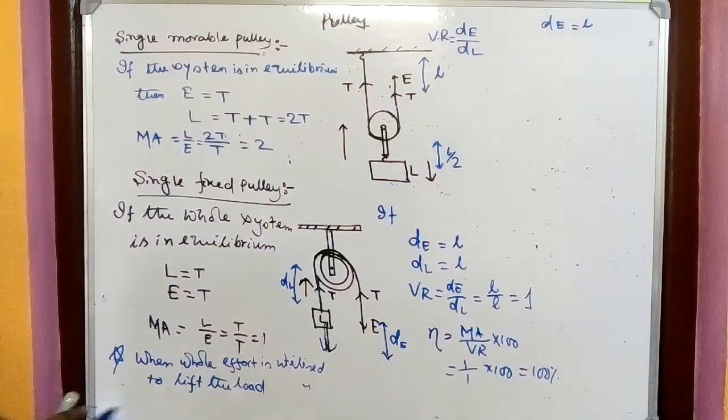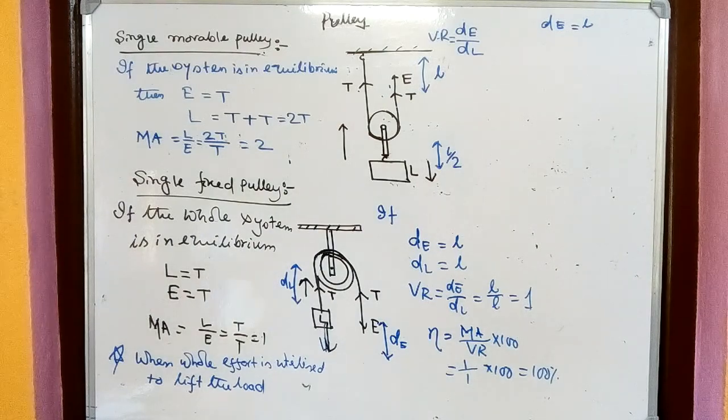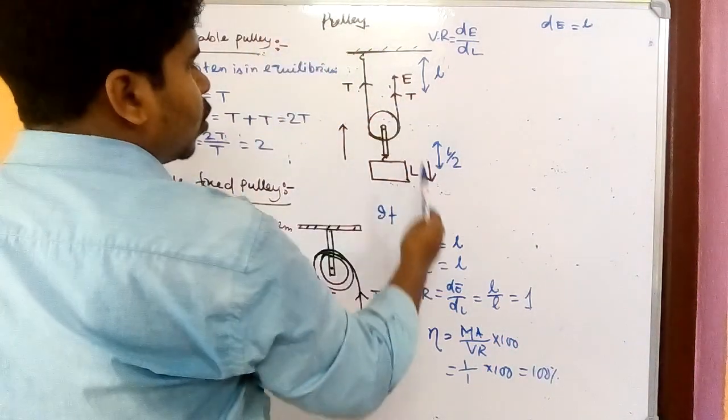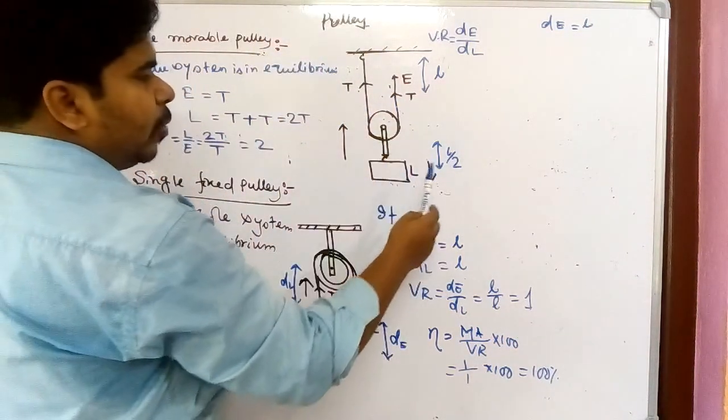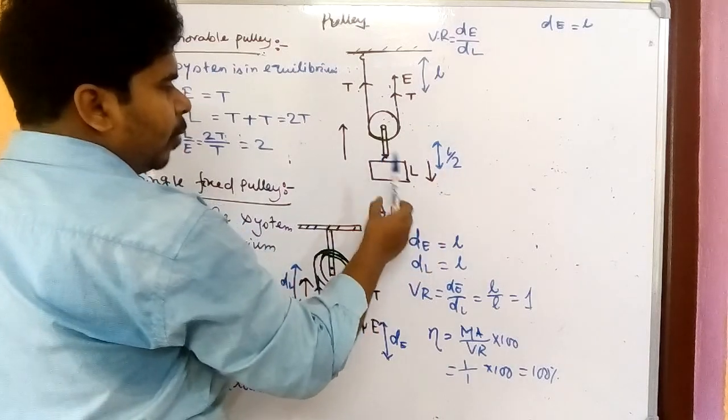Why? What is the reason behind it? Because here the tension is distributed, and for the case of load we have seen the tension of the two strings is used. So if I am talking about the displacement of effort L, for each string it will be displaced L by 2, L by 2.